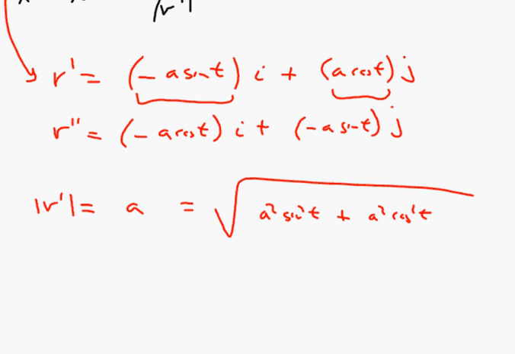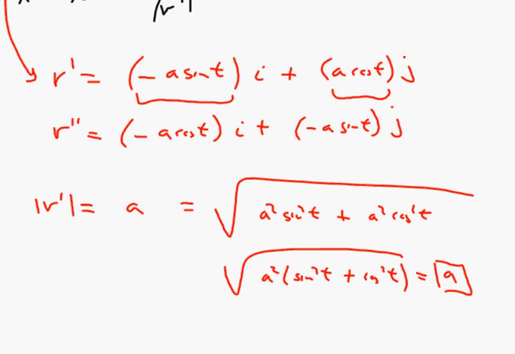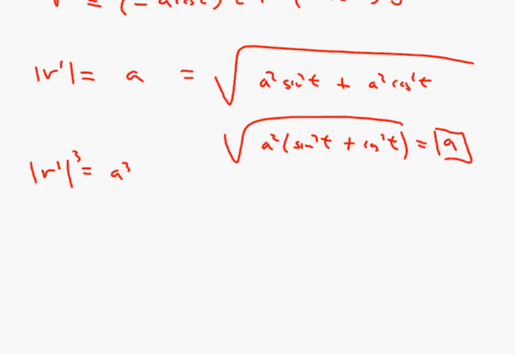If you factor out a squared, you get the square root of a squared times sine squared t plus cosine squared t. But sine squared t plus cosine squared t is just 1, so you have the square root of a squared, which is just a. So there you go. All right? So for the denominator, you have norm a cubed. It's just a cubed.